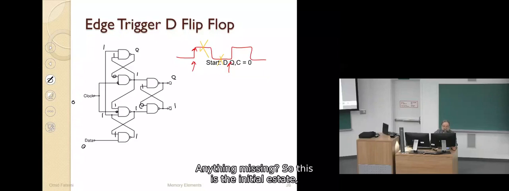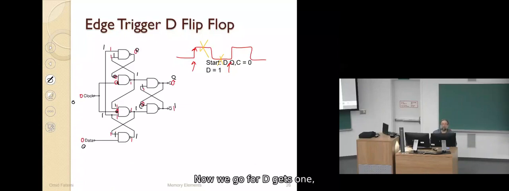Anything missing? So this is the initial state. You see, Q is 0. We are at the state of Q is 0, and we don't have clock. Data is 0. Data was 0 sometime that made the Q become 0. Now, this is what we have written. Now we go for D gets 1.